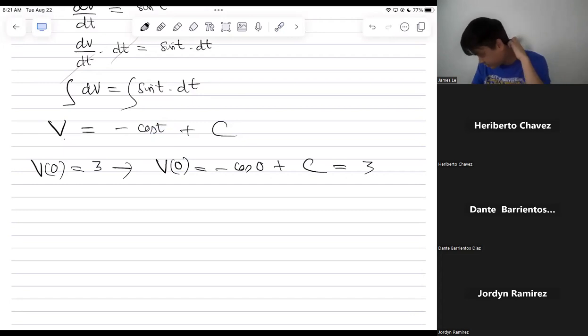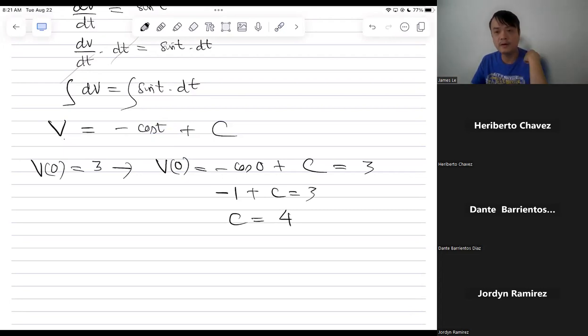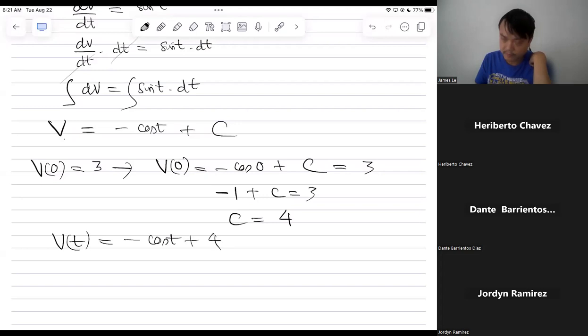What is cosine of 0? Cosine of 0 is 1. So you have negative 1 plus C equals 3, so C is just equal to 4. Right? So the final answer: v of t is equal to negative cosine t plus 4.